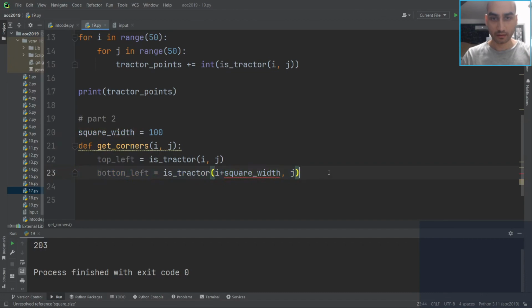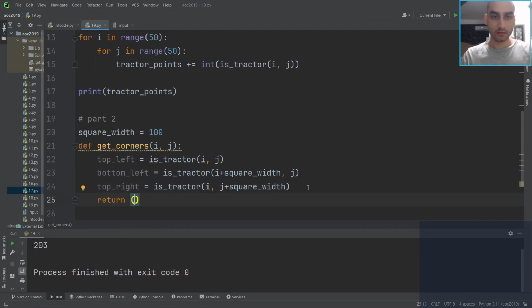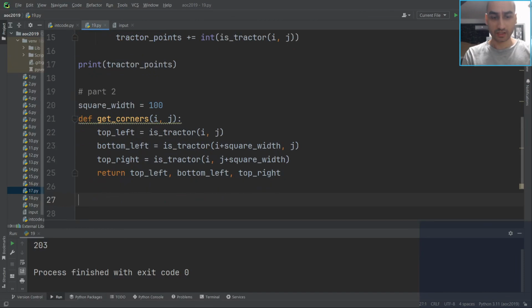Square size, j, and this, and then we'll do top right equals, so this will be that, and then return top left, bottom left, top right.